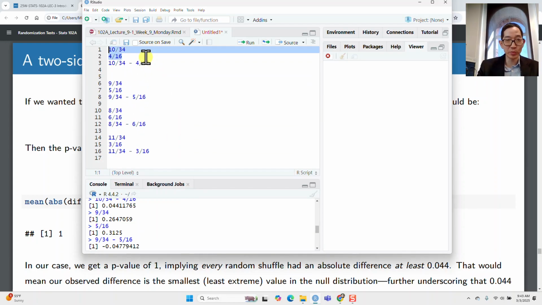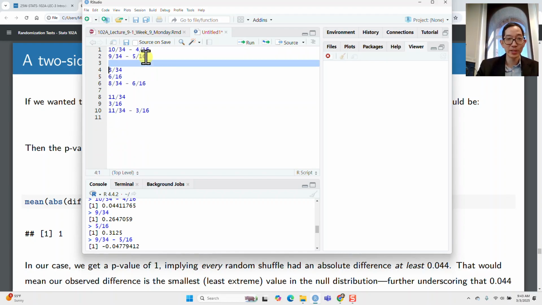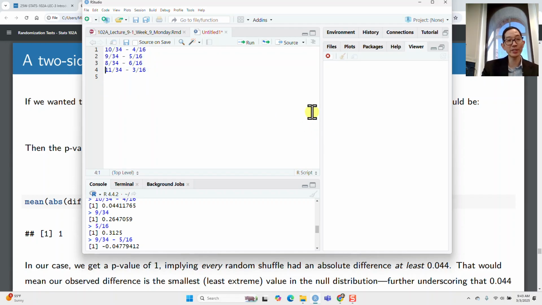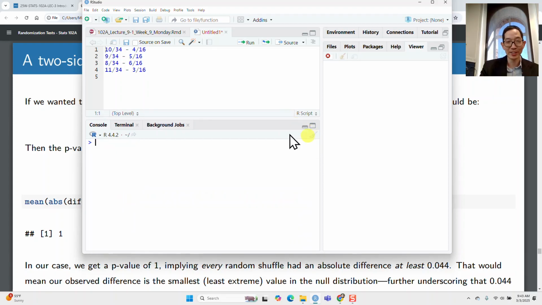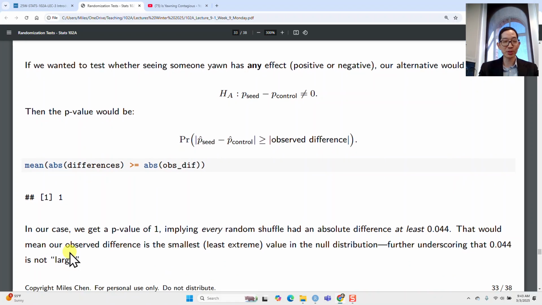So if you're looking at what are the possible differences, you can get 10-4, 9-5, 8-6, 11-3, and everything else just results in something larger. It is not possible. There's no arrangement that gives you anything smaller than 0.044. Okay, this is quite literally the smallest or the least extreme value in the null distribution.